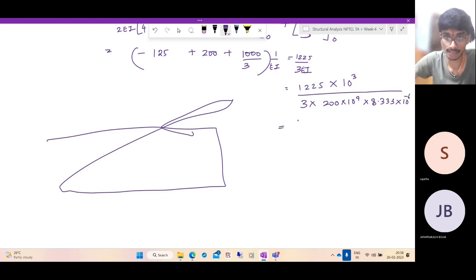So the answer we get is 1225 divided by 3 into 200 into 8.33 into 10 power minus 6.